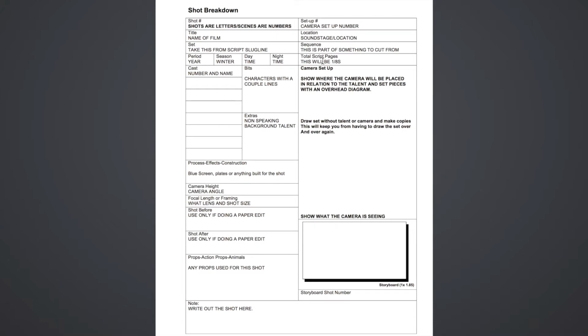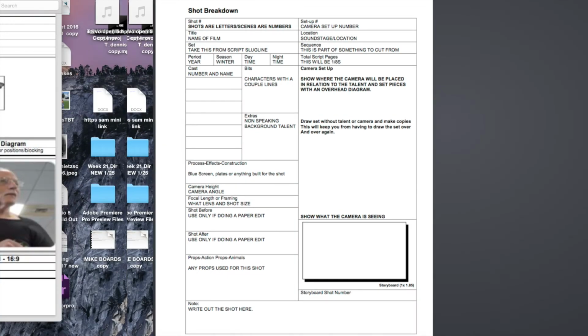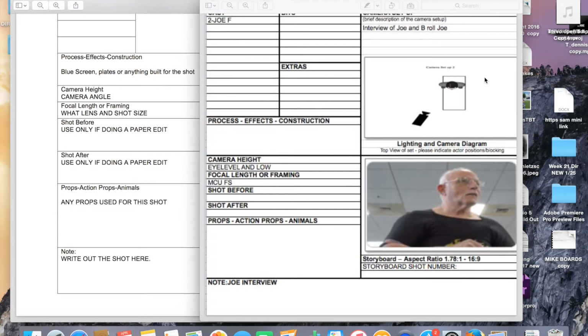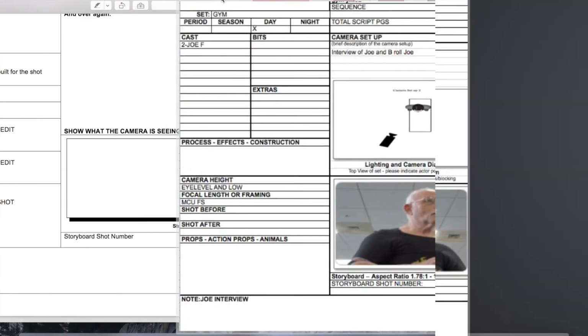Total script pages, and I think we went through this before. It'll be in eighths. So I actually have an example here that I want to show you of just one shot breakdown I did for a documentary that I shot, so you can kind of see where I'm coming from. This was from a documentary I did about a power lifter and about his dad.